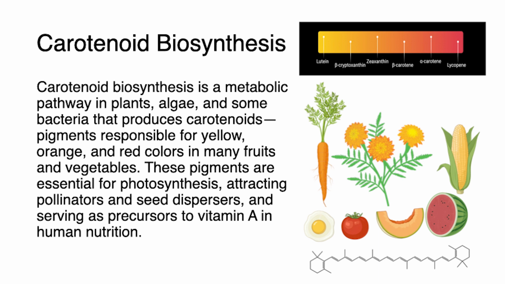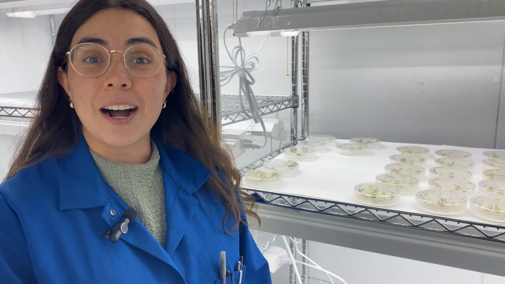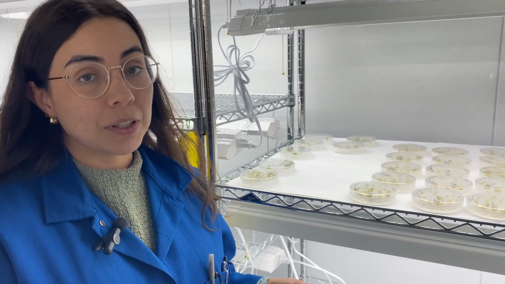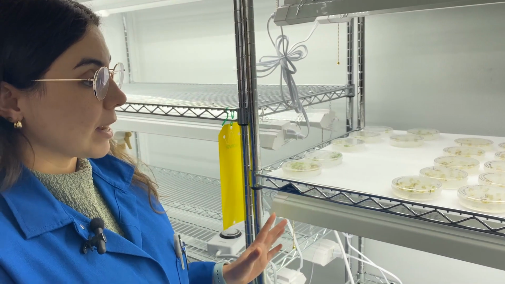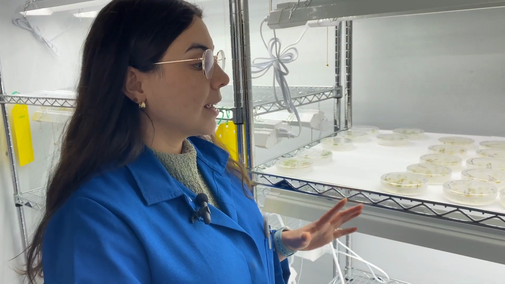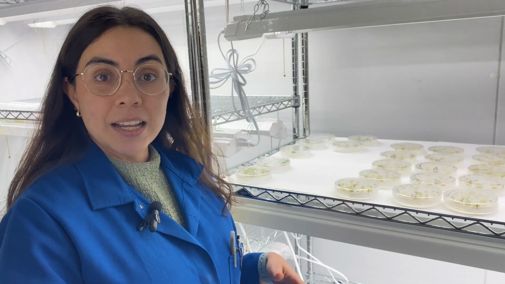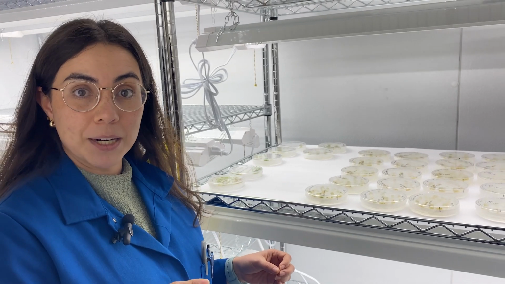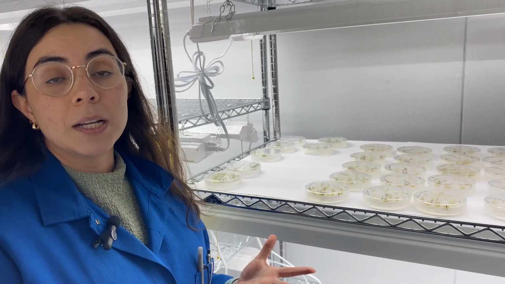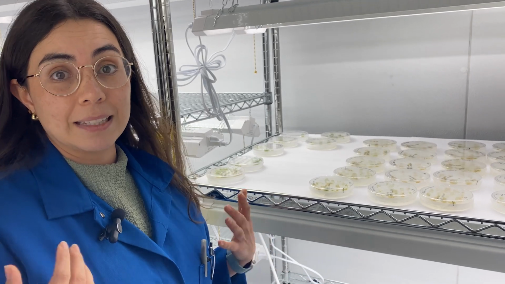Carotenoids are the reason why we can biosynthesize vitamin A. And lettuce, unfortunately, has a very low amount of carotenoids. So I use this process to create transgenics that contain CRISPR-Cas9 targeting specific genes within the carotenoid biosynthesis pathway so that we can improve the amount of carotenoids in lettuce.